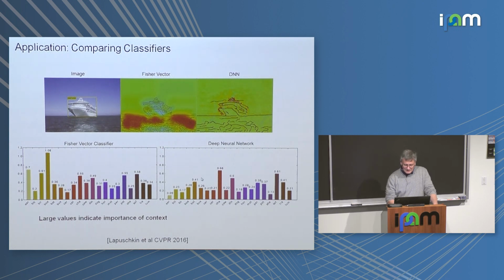So you can see boat, right? So most of the activity is inside the bounding box, whereas in this other classifier, Fisher, it's outside, right? So you can analyze this, you can quantify it. And I think this is important because it's important to understand the strategies that these models use.